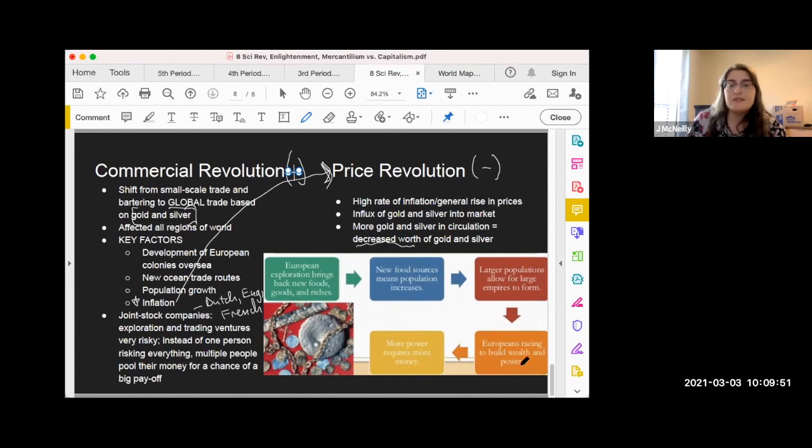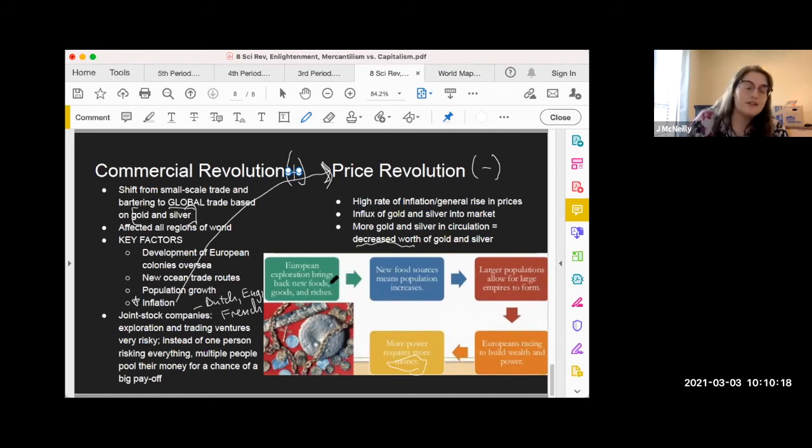Europeans want to continue building those empires, so they try to build on their wealth and their power. Well, more power requires more money. If you're going to build up your military, that takes money. If you're going to build extravagant infrastructure like palaces or bridges, then that costs money. So this is going to be a continuing cycle, not just in old imperialism, but also in new imperialism.